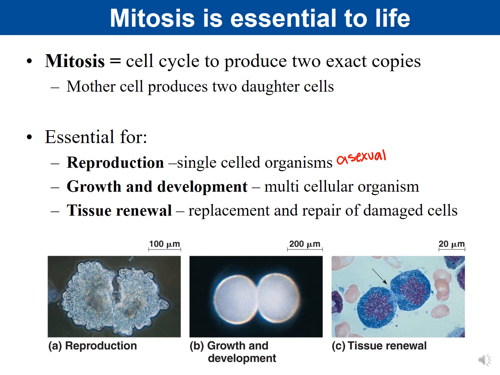And if you said yes, that's correct. So your skin cells have the same DNA sequences as your liver cells, and your blood cells have the same DNA sequences as those as well. And that's because all the cells in your body arose through mitosis from one single cell.